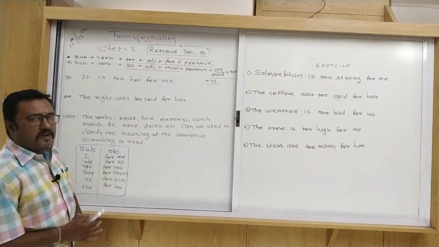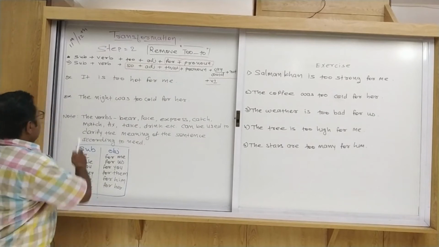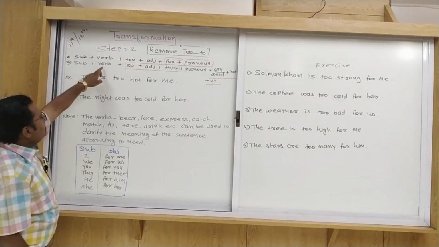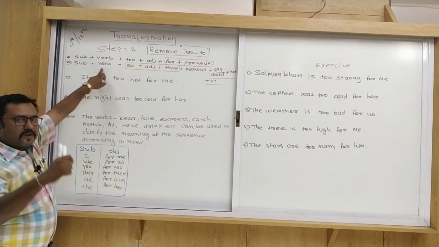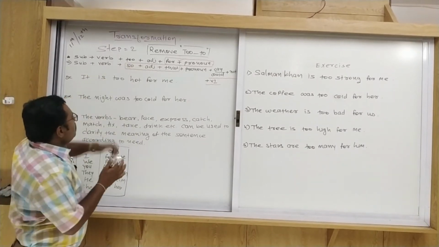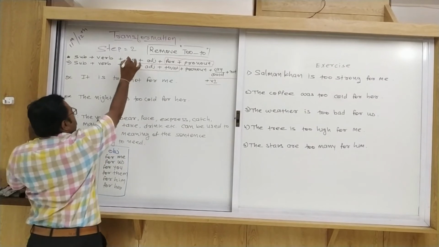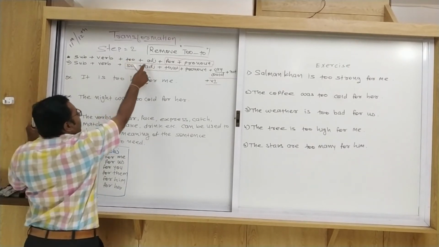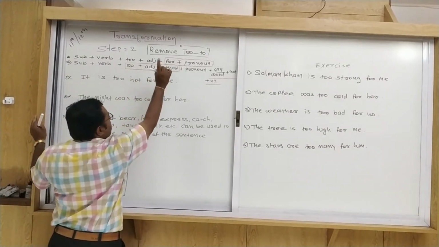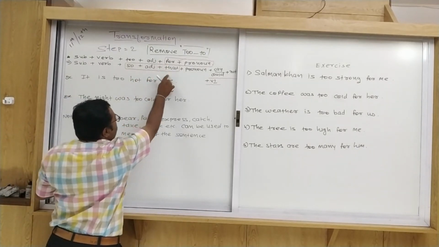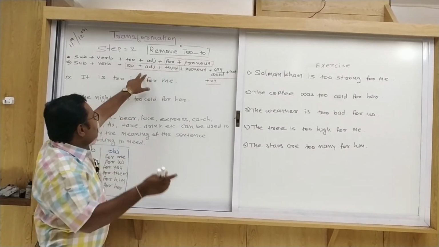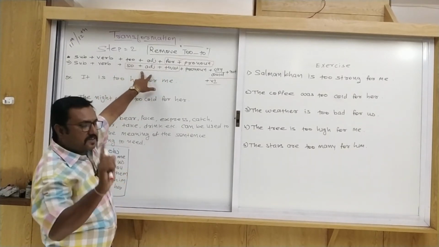The subject is given, so we cannot change it. The same verb we write there. We remove too and write so, the adjective stays the same, and we remove for and use that, the same thing we learned in the first step.